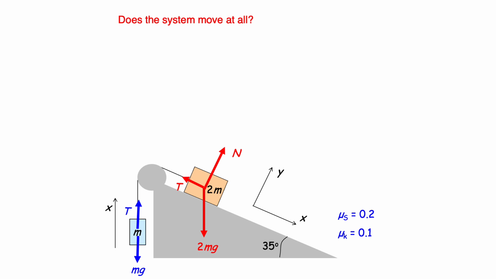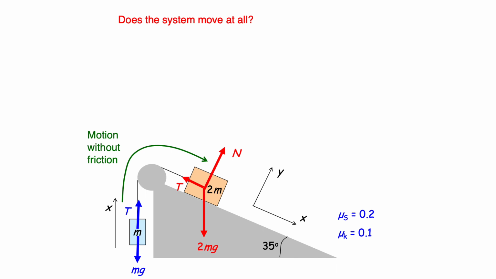The orangish block experiences tension pulling diagonally parallel to the surface of the incline. It experiences a normal force, and it experiences its mass, which is 2m times gravity, that force pulling directly down.